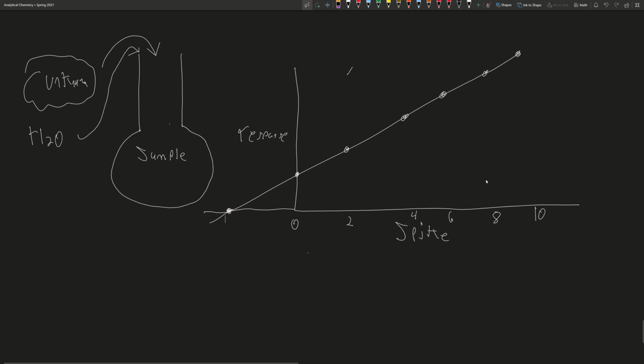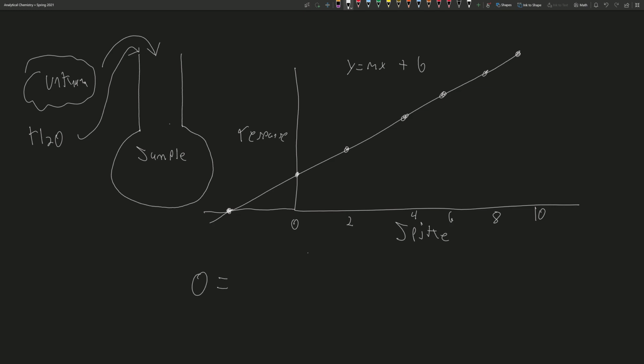We know that our equation is y equals mx plus b. We want to see when our y value equals 0.